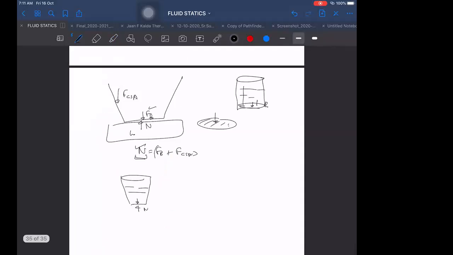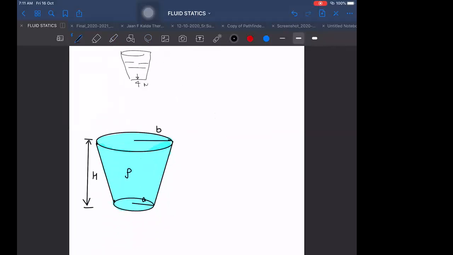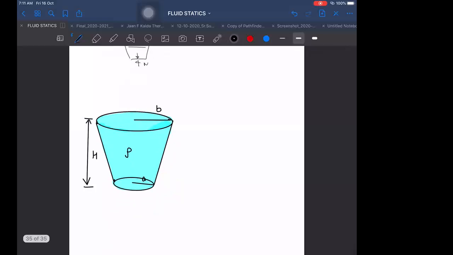The way we did, first of all, let me take radius B, A, and height H. Density of the liquid is rho. So what is the formula for weight?